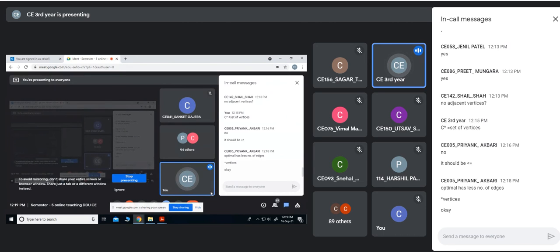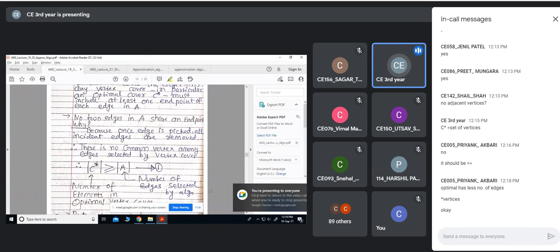C star is also a vertex cover. But C star less than A will never happen. Why will it never happen? Because otherwise what will happen?